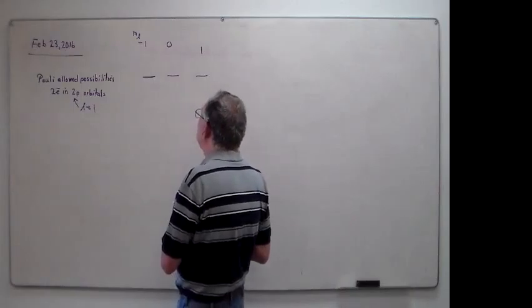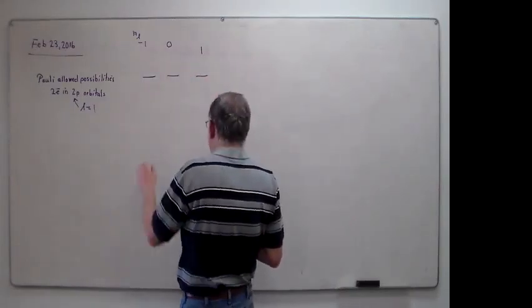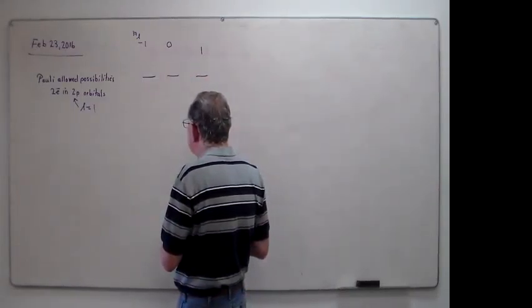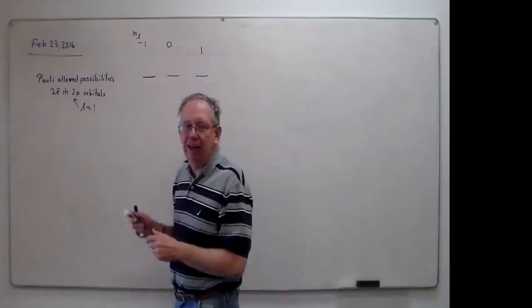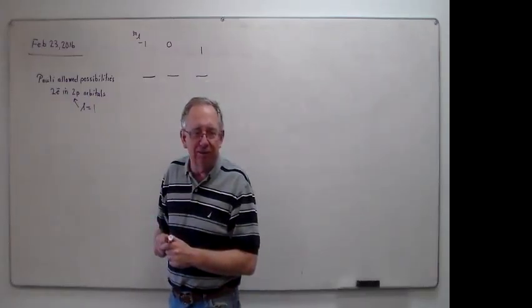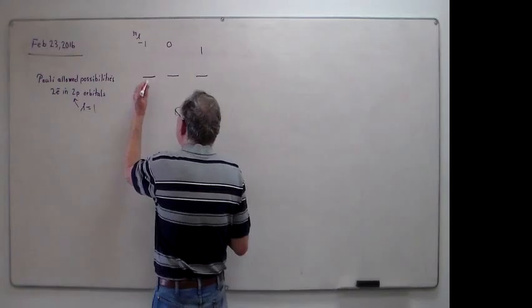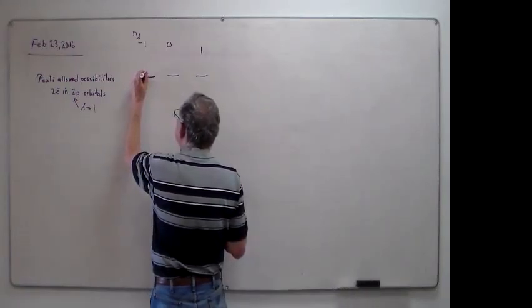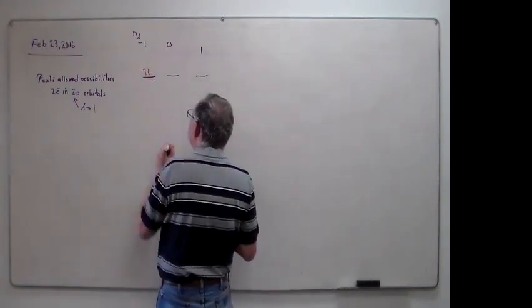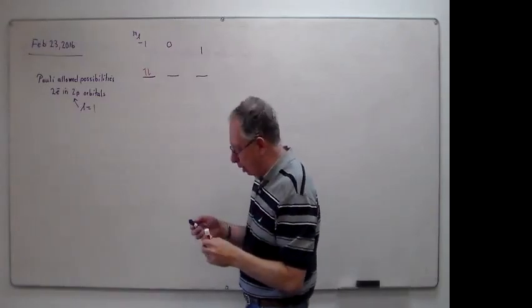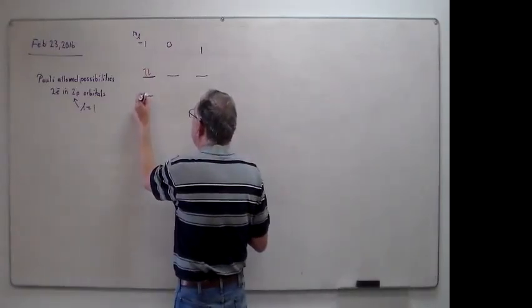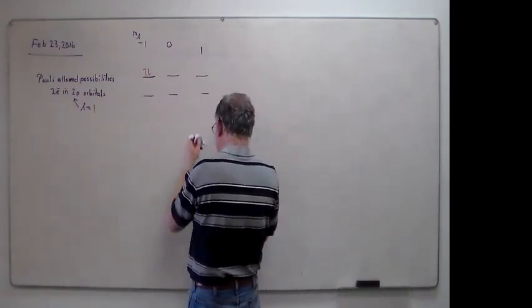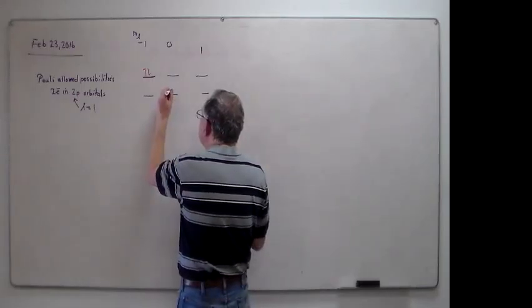Okay, so we have 2 electrons that get to go in these 3 orbitals, right? So here are the possibilities. We can pair them up and put them there. Another possibility is we can pair them up and put them in the middle.